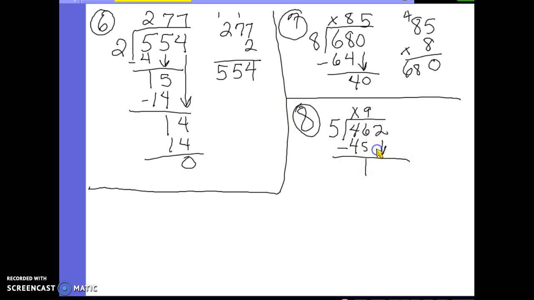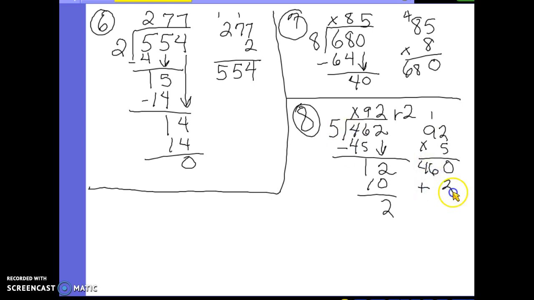I'm going to bring down my 2. How many 5s in 12? 2, which is 10. And I'm going to get a 2. Remainder 2. I don't have any more numbers to bring down. So then I'm going to go back and I'm going to say 92 times 5. 2 times 5 is 10. 5 times 9 is 45, plus 1 is 46. And then I'm going to add my remainder.